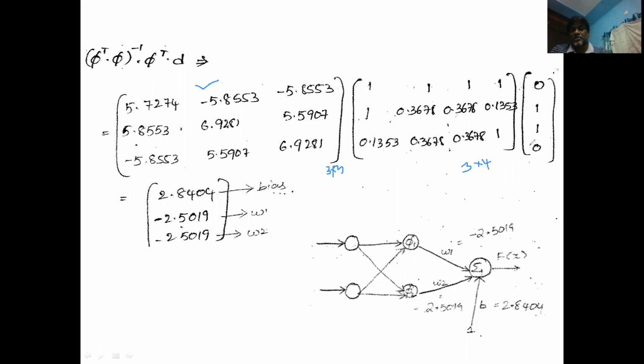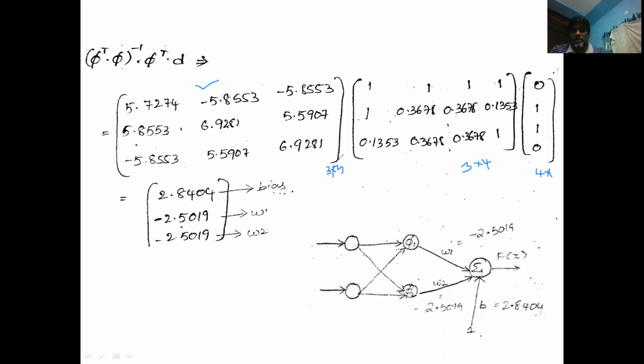And the desired response, that is the output vector, we know it as 0 1 1 0 for the XOR function from the XOR definition. So the size of this is going to be 4 by 1. Now there are 3 matrices, 3 by 3 into 3 by 4 into 4 by 1.